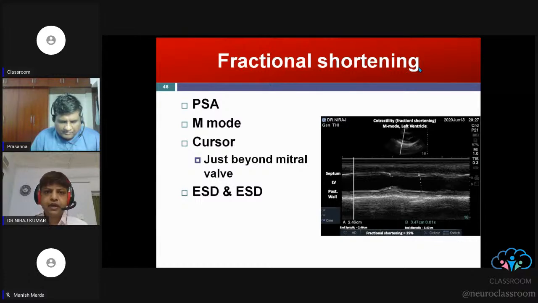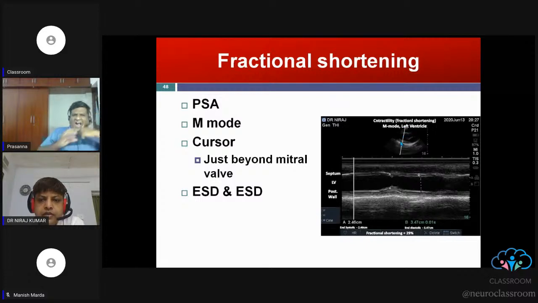This is the fractional shortening technique. You can see that we first obtain the parasternal long axis view, and we have to use M mode. So the cursor should be placed just beyond the mitral valve, and you will obtain this M mode tracing.